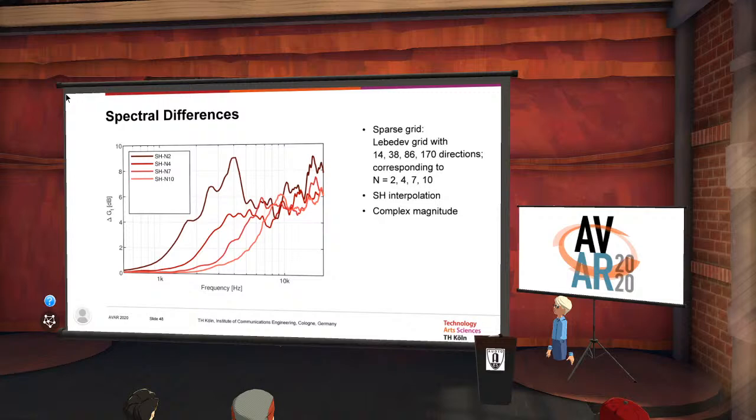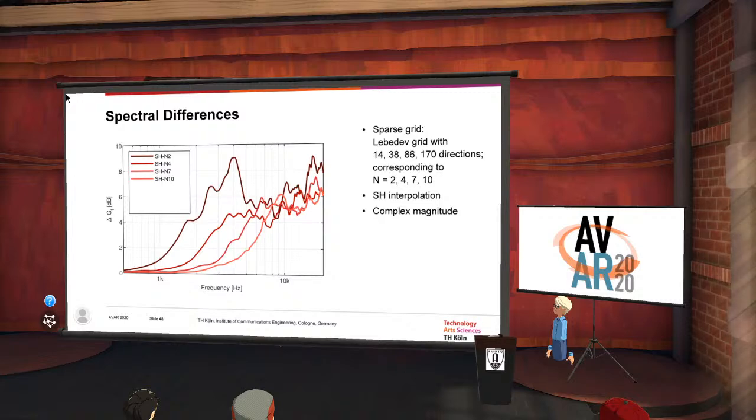In the next step, we look at some spectral differences over frequency. So the x-axis is the frequency, the y-axis is the spectral differences, and it's averaged over all sound incidence directions. So we create sound incidence on a very dense grid, based on sparse grids, with 14, 38, 86, 170 directions, and they are plotted with four different variants of red here.